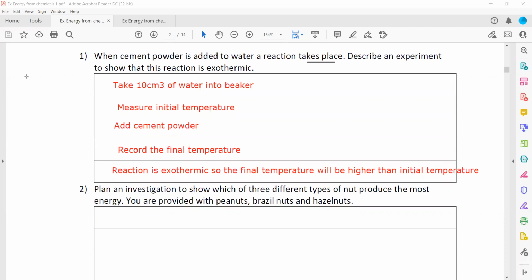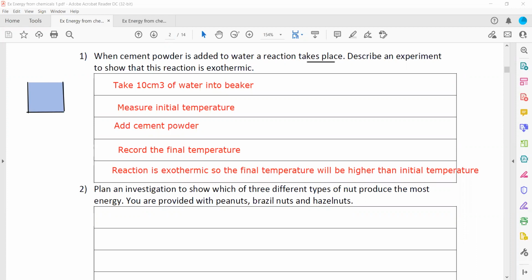For example, we have a container and we fill it with water, like 10 cm cube of water. We measure the initial temperature.